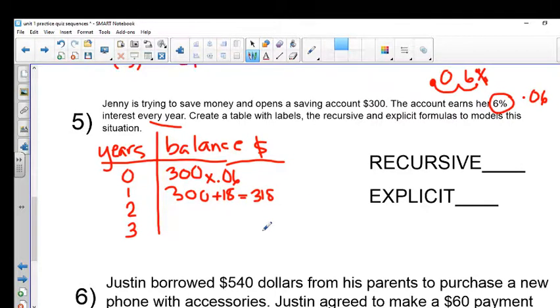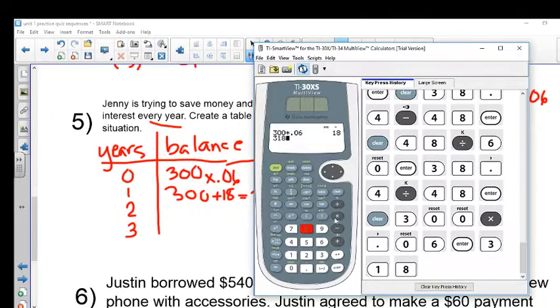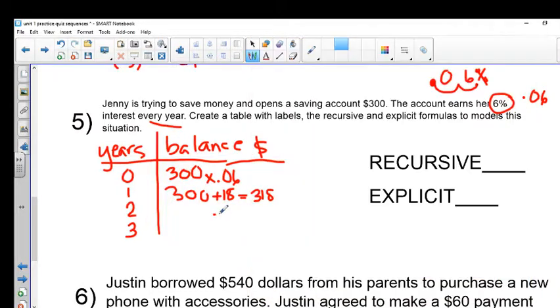So each time she's going to get that times 6%. So we take our calculators. And this time we're going to do 318. That's our previous term, and we're going to multiply it times that 0.06. Okay? So this year, she's going to get $19.08.